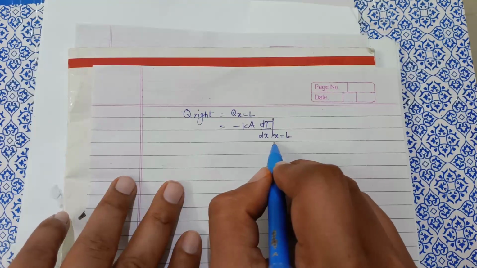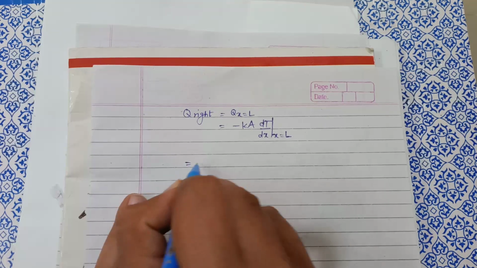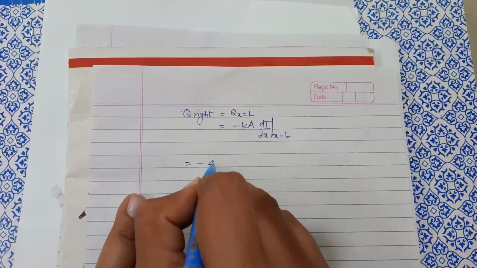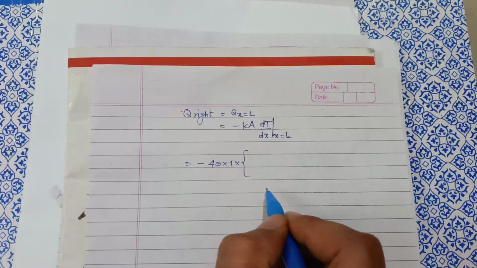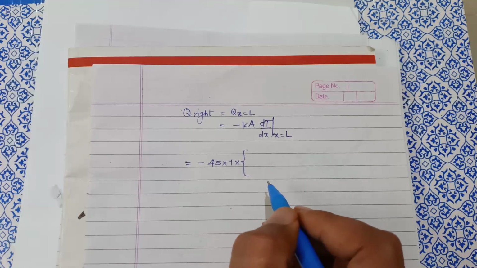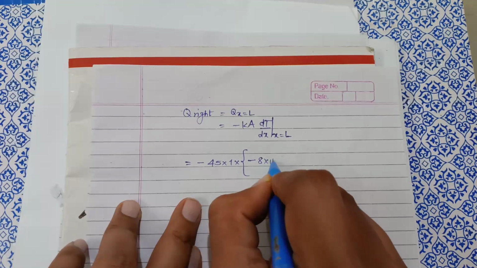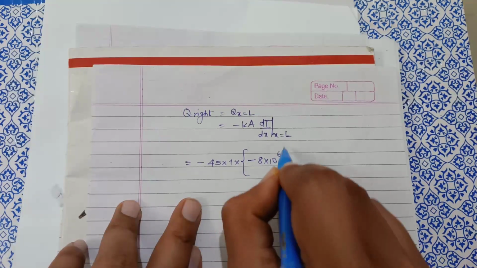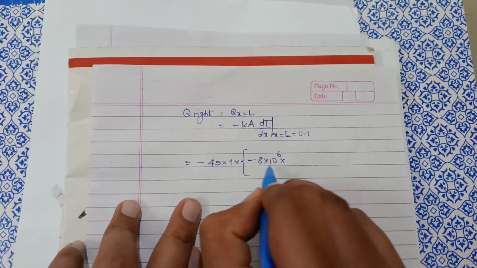We have the basic formula for dT/dx, so we will substitute that. K is minus 45, area is 1, and dT/dx, as we know, is minus gx by k plus c1, so minus 8 into 10 raised to 6. X equals L, which we know is 0.1.